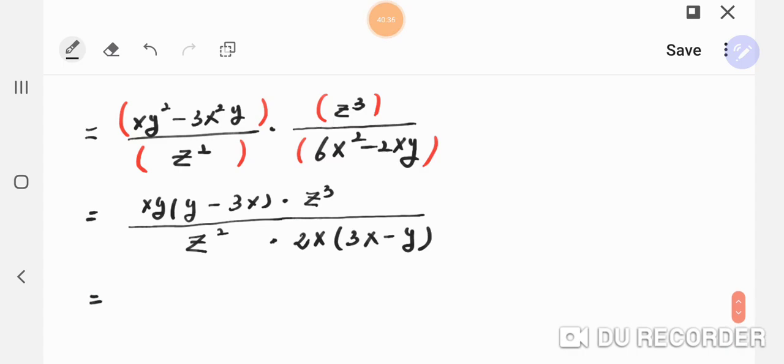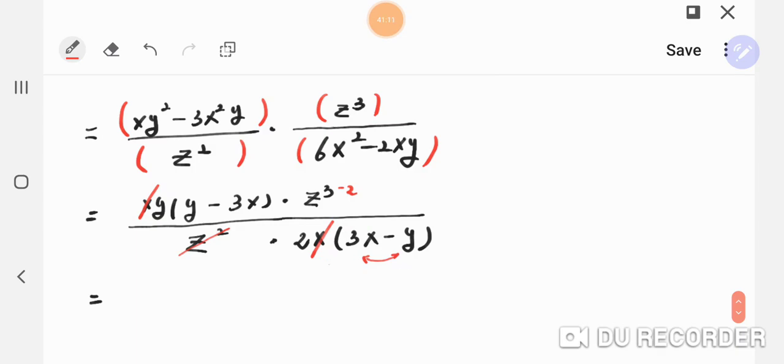So from this we can reduce if there are common factors between the numerator and denominator. X: we have x in both numerator and denominator. Y? No, nothing. How about z? Yes, we do have two z's in the denominator, so we can remove two z's from the numerator. How about y minus 3x? Yes, we do. We have 3x minus y, interchanged.